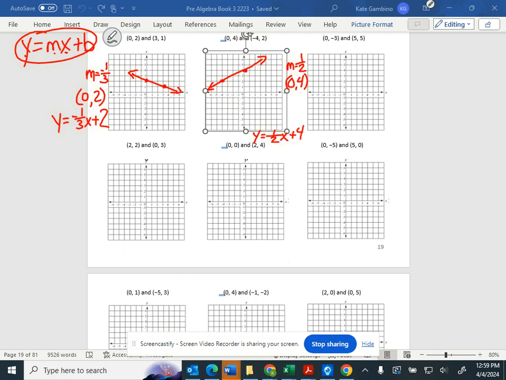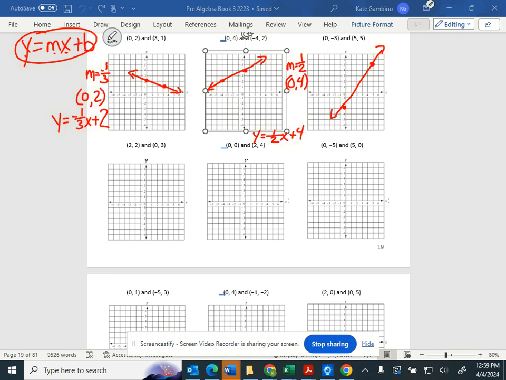Very good. Let's do one more together. We're going to graph 0, -3, 5, 5. Again, drawing our line to look like a line with the arrows. Arrows are important. These are not segments. Draw them with our arrows.